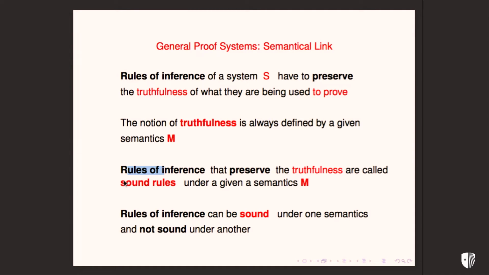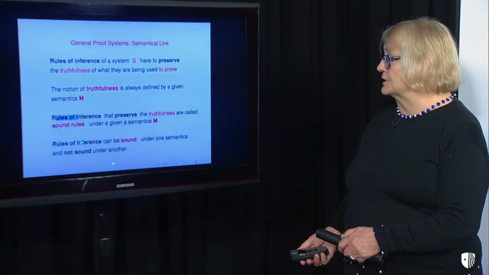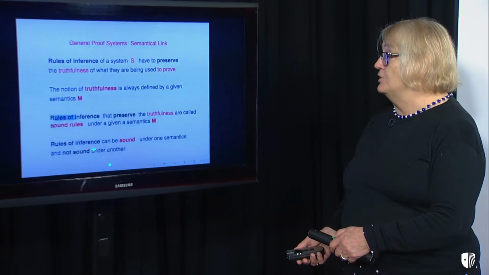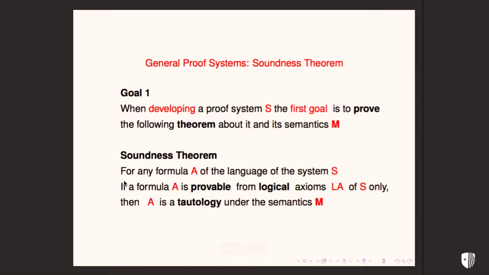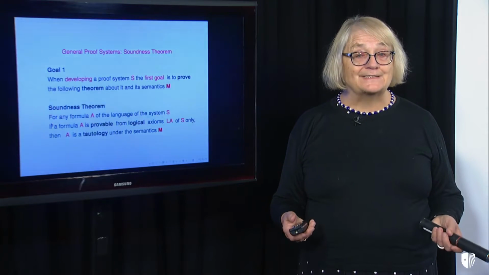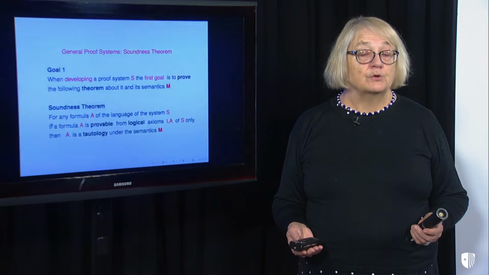Rules of inference that preserve truthfulness are called sound rules. So: truthfulness, semantics, sound rules under a given semantics. Rules are sound under one semantics and can be not sound under another semantics, and we will see examples.